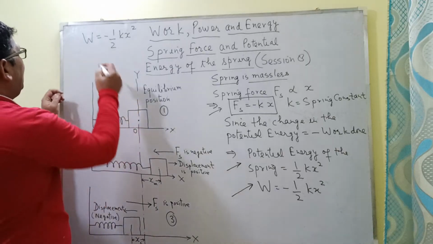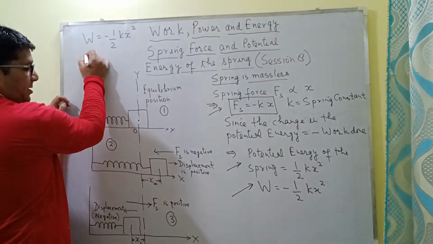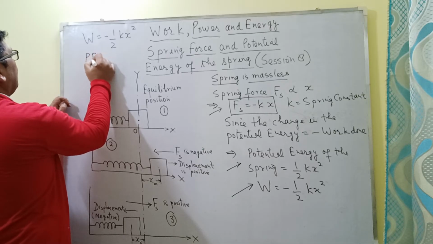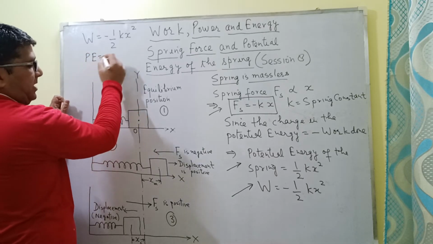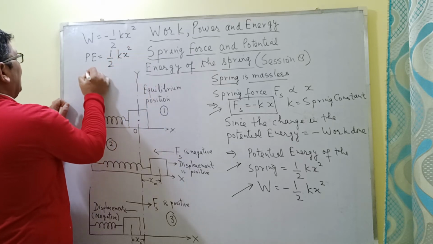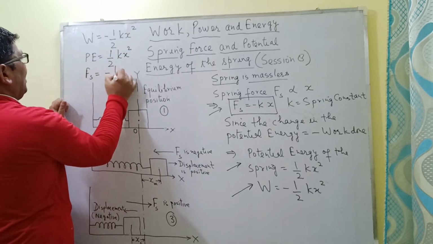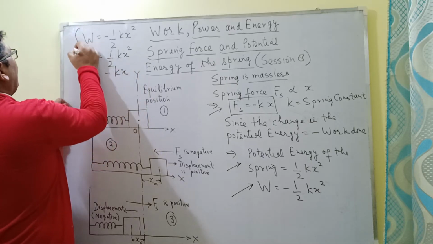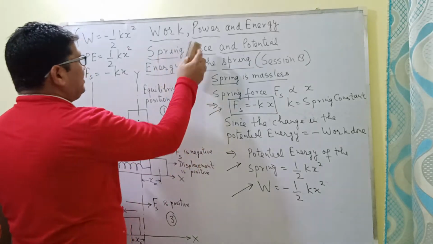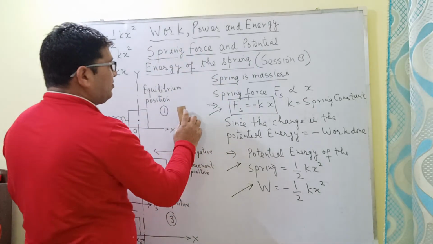So I will be writing here that the potential energy of the spring is equal to 1 by 2 k x square, and the spring force is equal to minus kx. So these are the three important formulas with relation to the topic of spring force and potential energy of the spring.